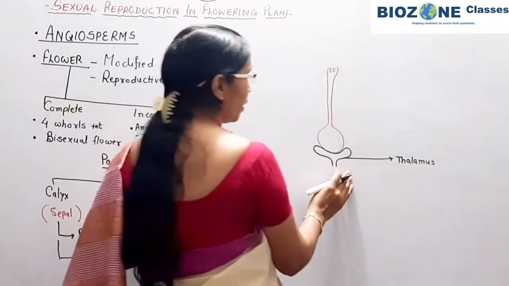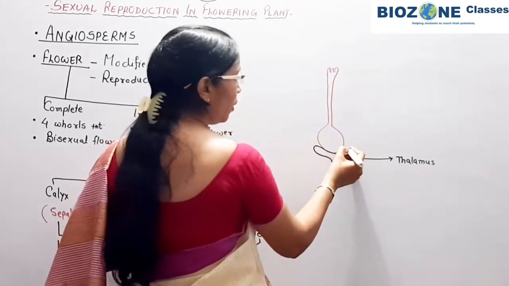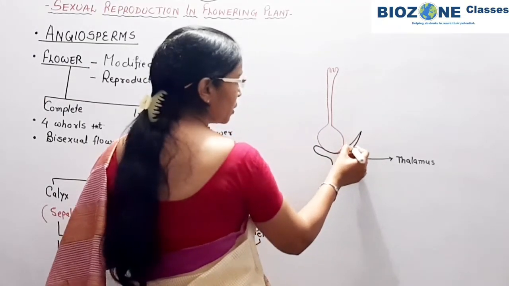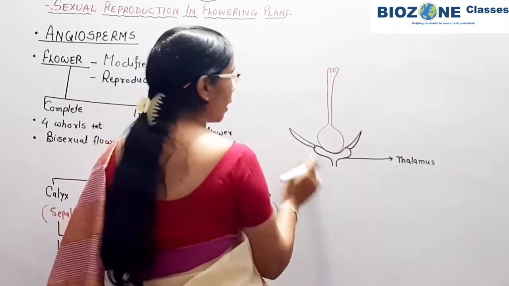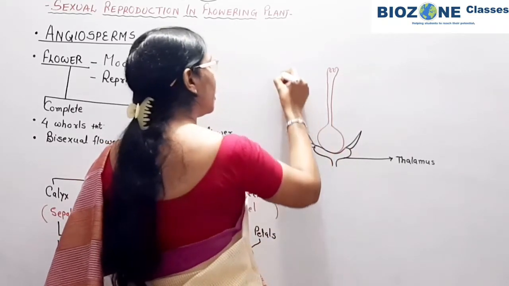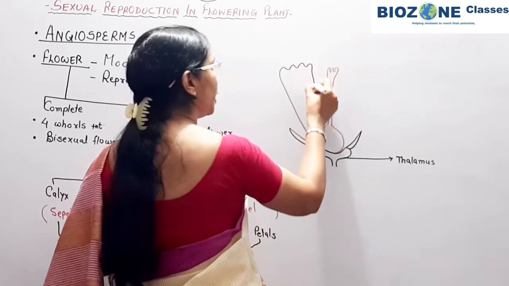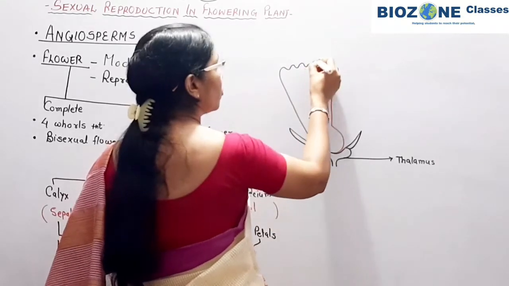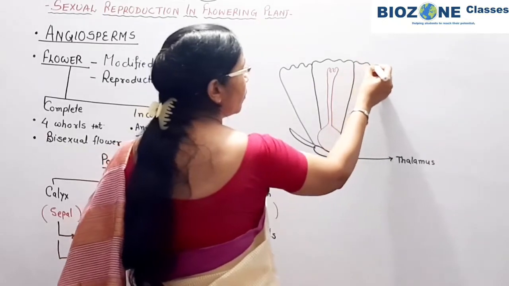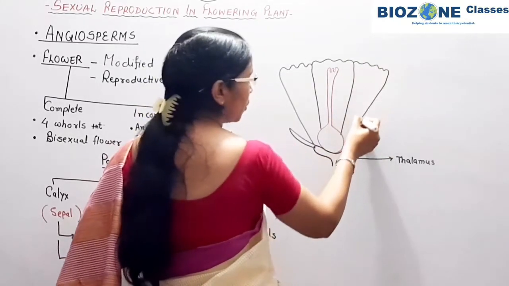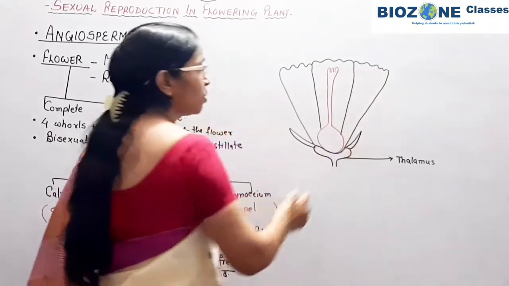So this is the thalamus. Now here we see, this is the outermost wall, that is called the calyx, and then the second inner wall is the corolla. The diagram drawn here is for the China rose.